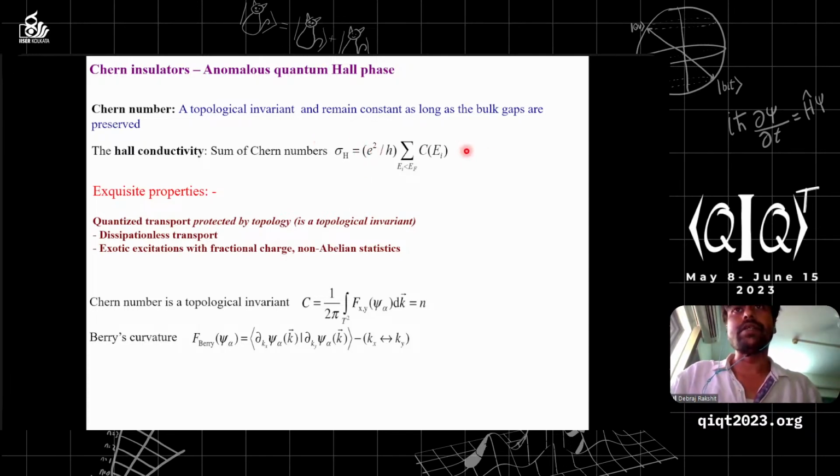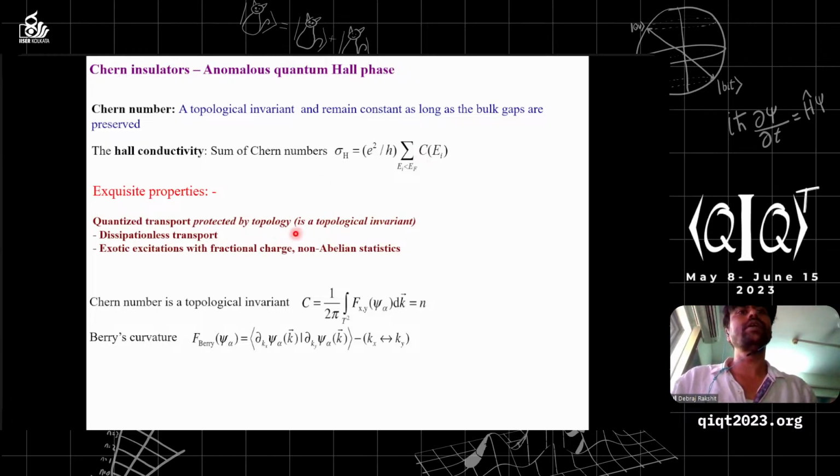Let's say that you fill your electrons, or whatever the atoms, up to your Fermi level. Then there are different bands. You have to calculate the total Chern number, and this is related to the Hall current. If there is a non-trivial topology, that means you will have a non-zero Chern number, and if it is a zero Chern number, then you will have zero Hall current.